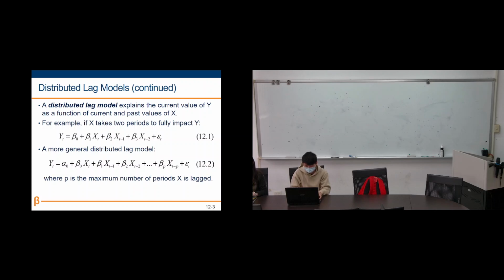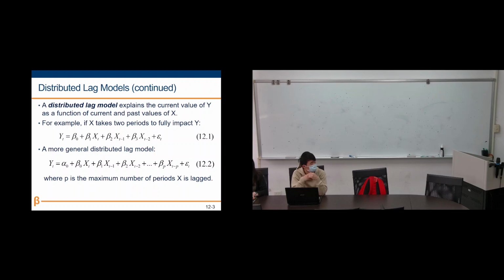So a distributed lag model explains the current value of Y as a function of the current and past values of X. For example, you can see 12.1 or 12.2.